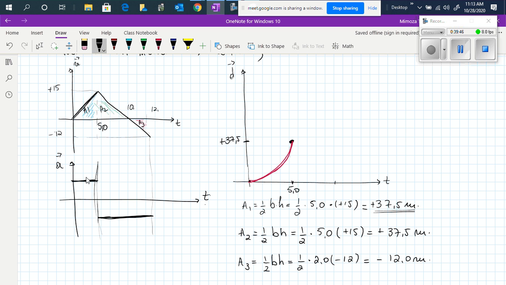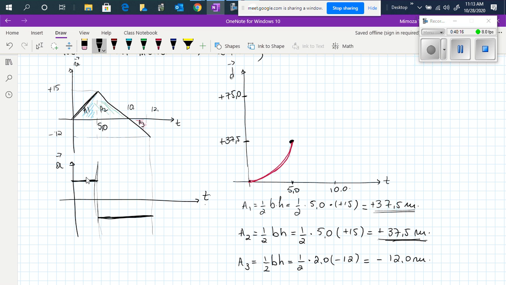From 5 to 10 seconds, the object is moving 37.5 meters, which means that from this point it's going positive 37.5, and positive 37.5 plus positive 37.5 is positive 75 meters.